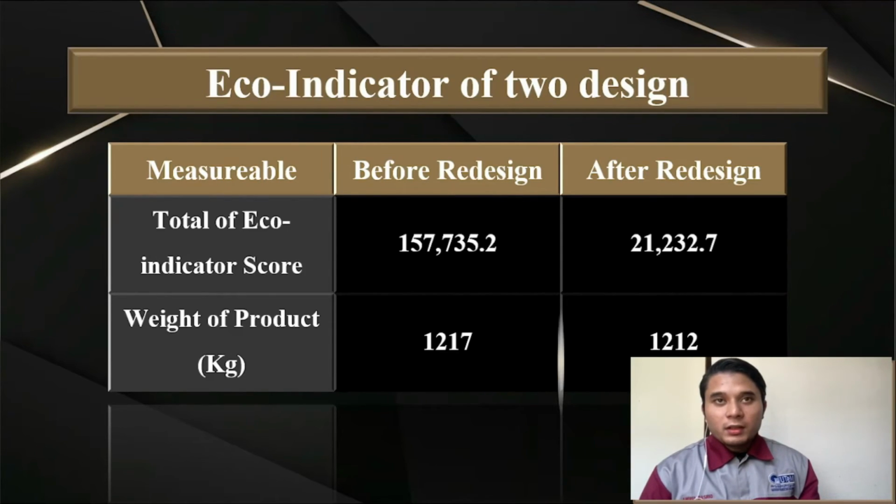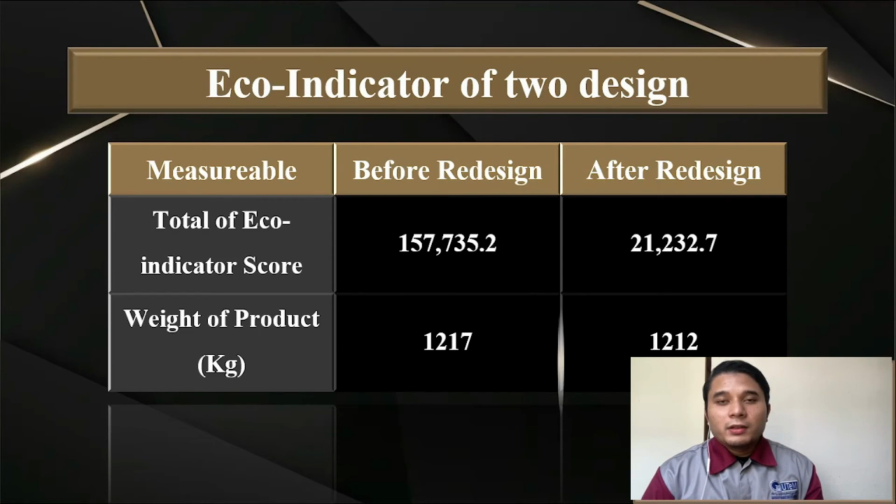Okay, next is the comparison of the analysis from the eco indicator between before and after redesign of the car. Based on the eco indicator technique, we can see here the total eco indicator score before and after the redesign of the car. The redesigned car gives out a lesser eco indicator score than before the redesign.